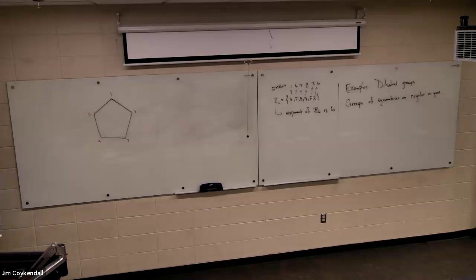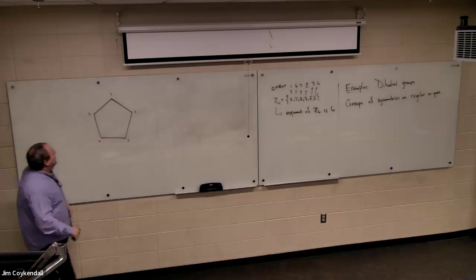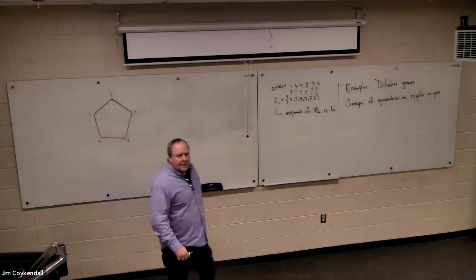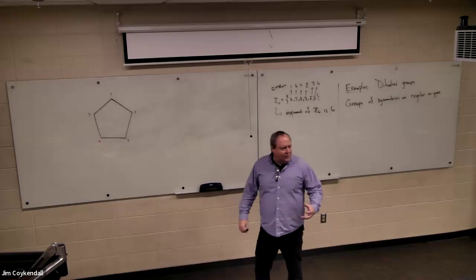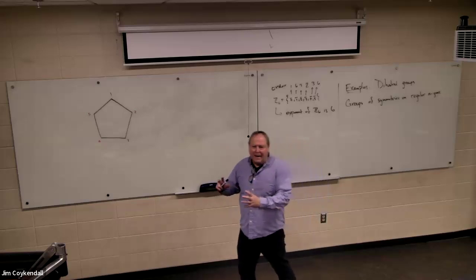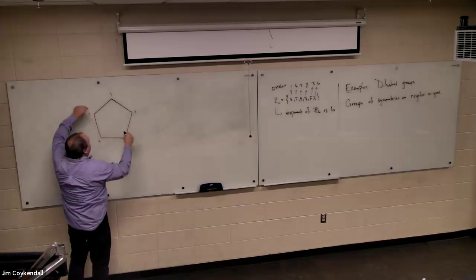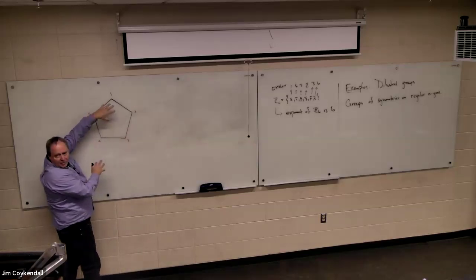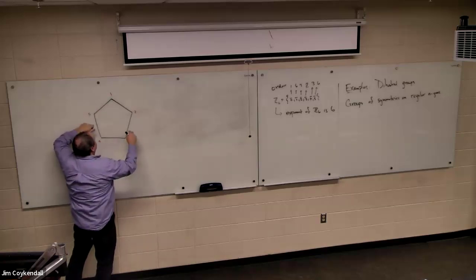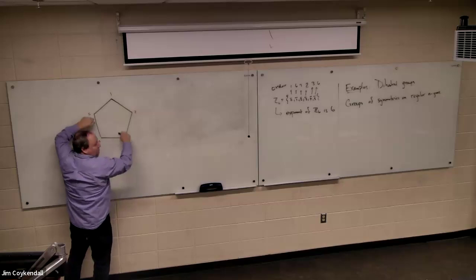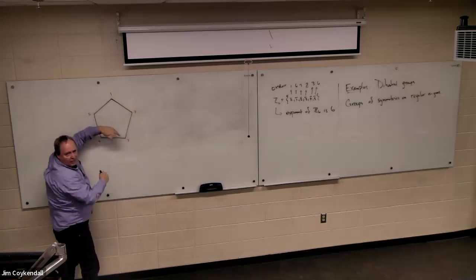Now, my question is, I can rearrange this pentagon. I mean, imagine it's like a manhole, like you see, like a street manhole. I can pick this up and turn it 72 degrees and put it back down. I agree with that? Or I could turn this 144 degrees and so forth.